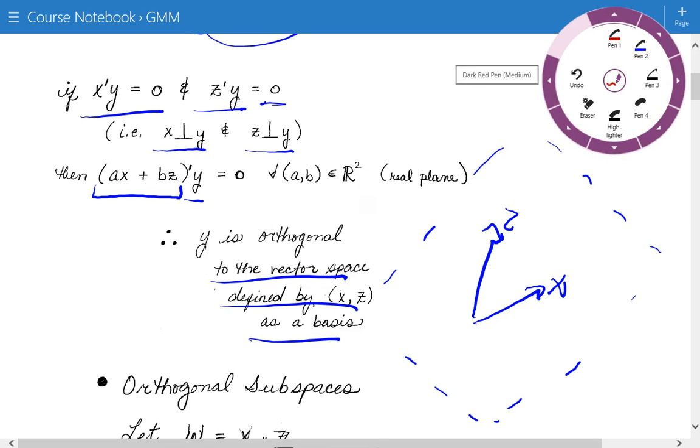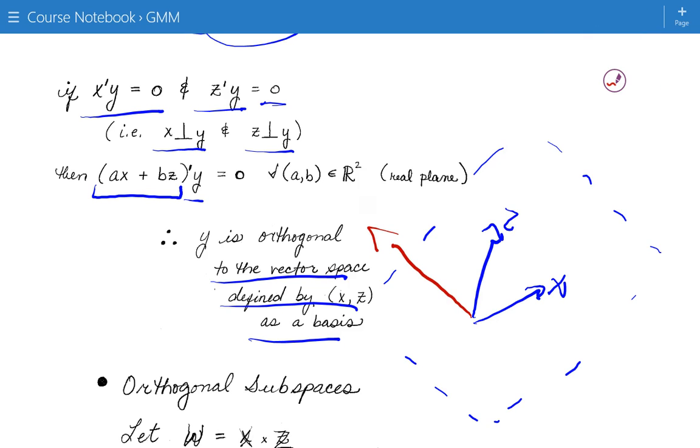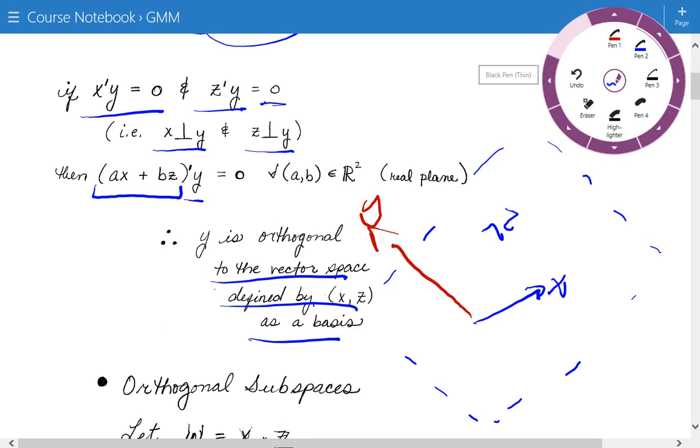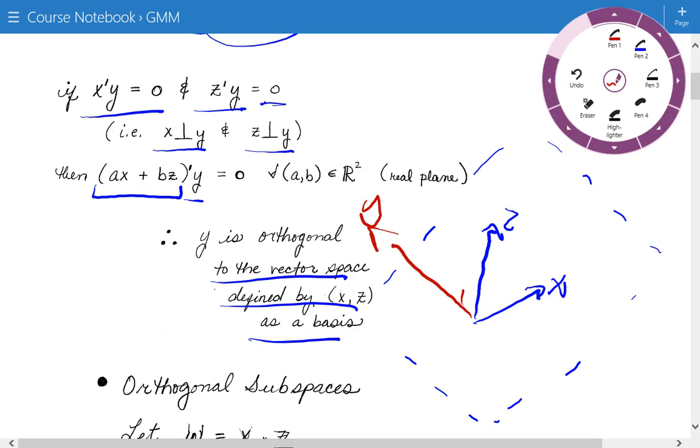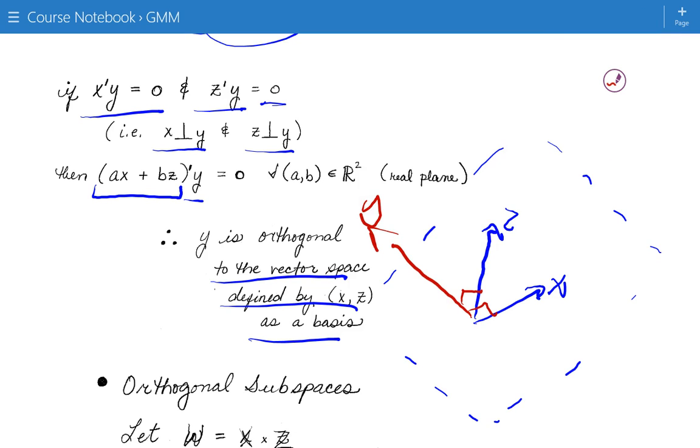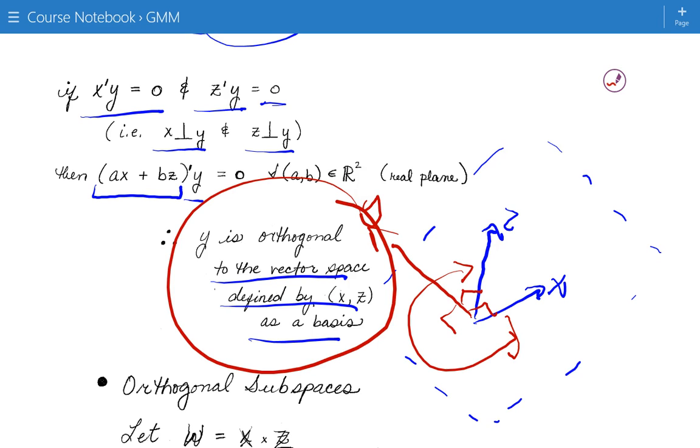And then if we take a vector y that is orthogonal to both z and to x, then it's orthogonal to really any vector in the plane defined by z and x. That's basically what this is saying. y is orthogonal to the vector space defined by x and z as a basis.